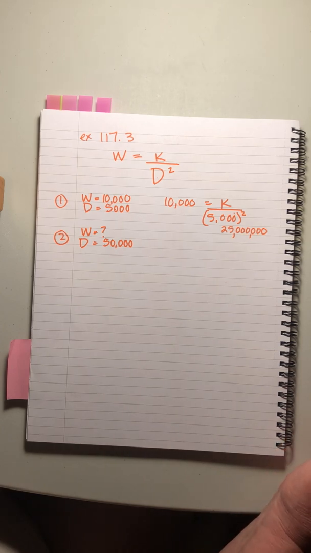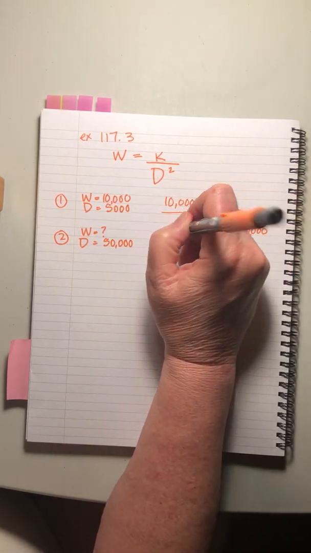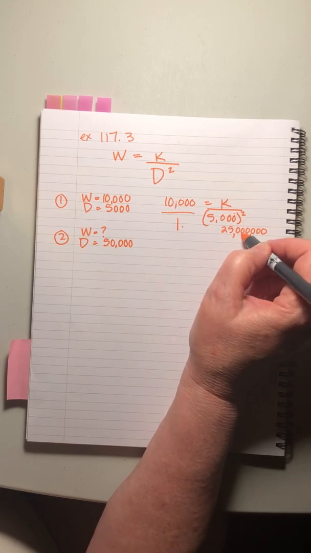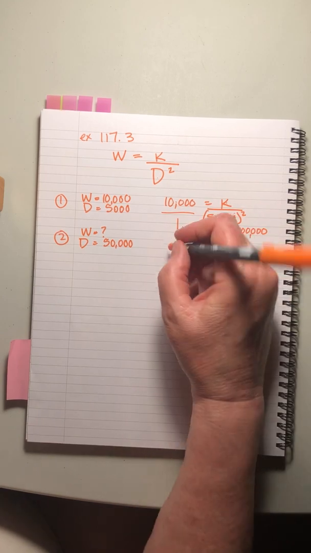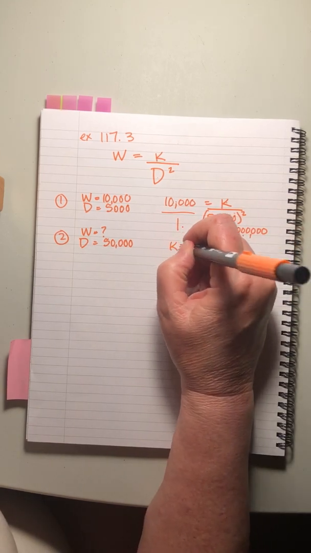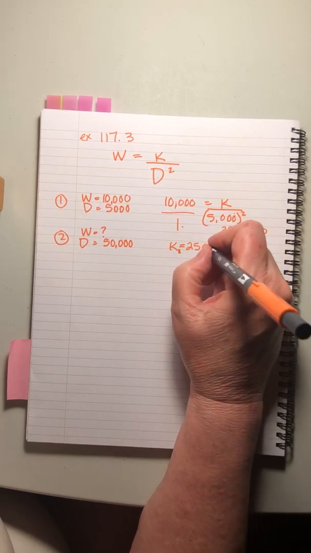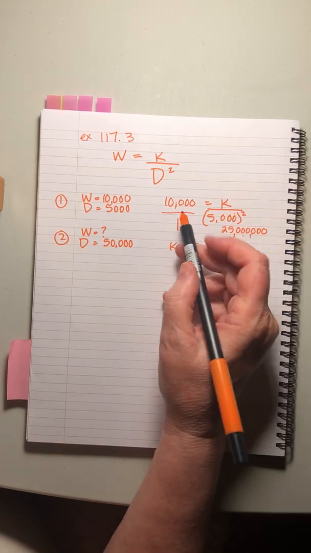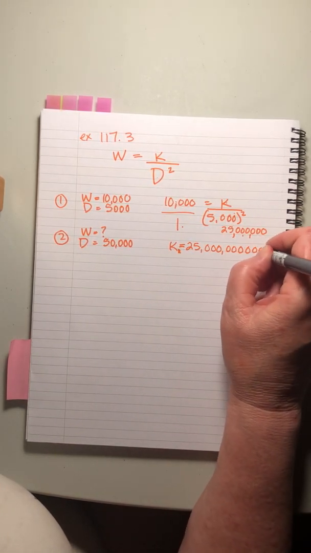And then to solve it, we are going to cross multiply, right? We can think of it that way. K times 1 is just going to be K, but I'm going to multiply that times that to get my value for K. So K equals 25, 6 zeros, and then 4 more zeros.